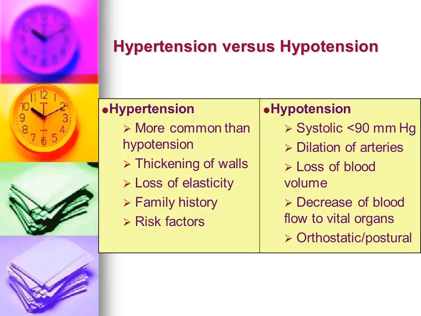Modifiable risk factors include obesity, smoking, alcohol consumption, and high salt intake. A person has no control over family history. Higher incidence of high blood pressure is seen in those with diabetes, older adults, and those of African American descent.